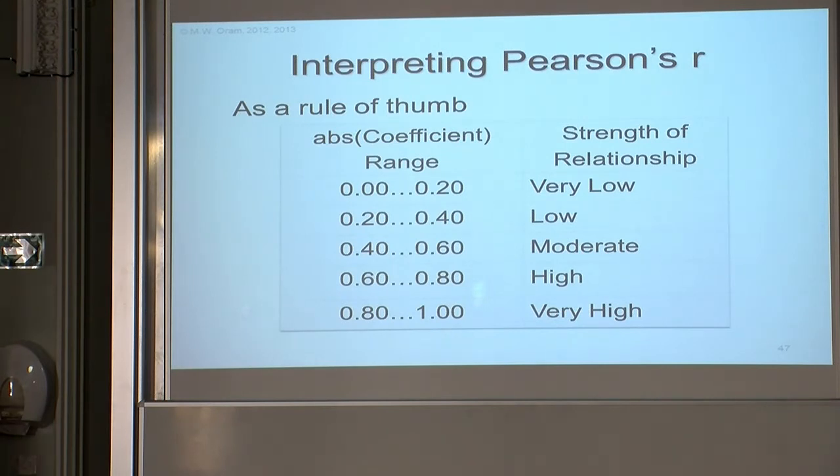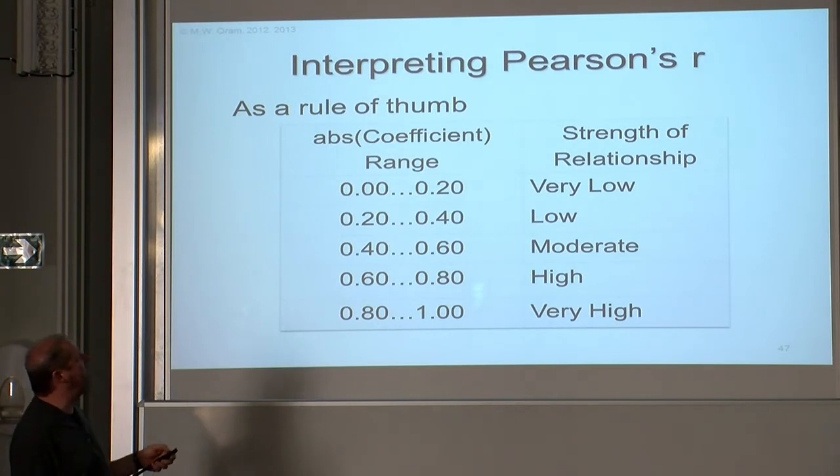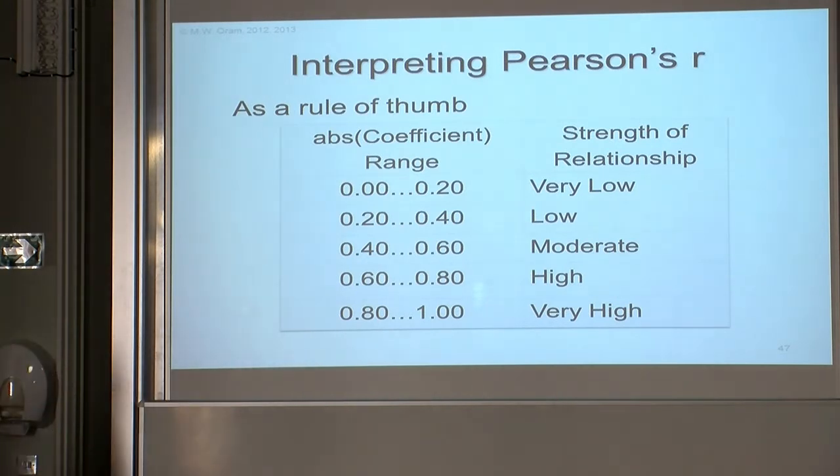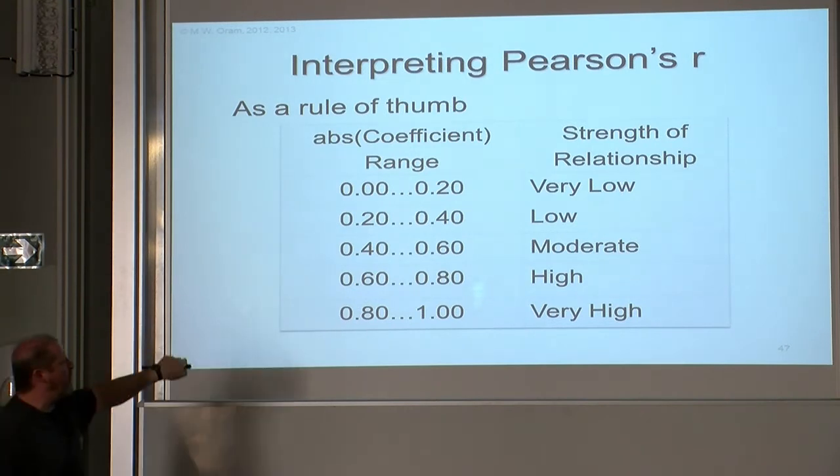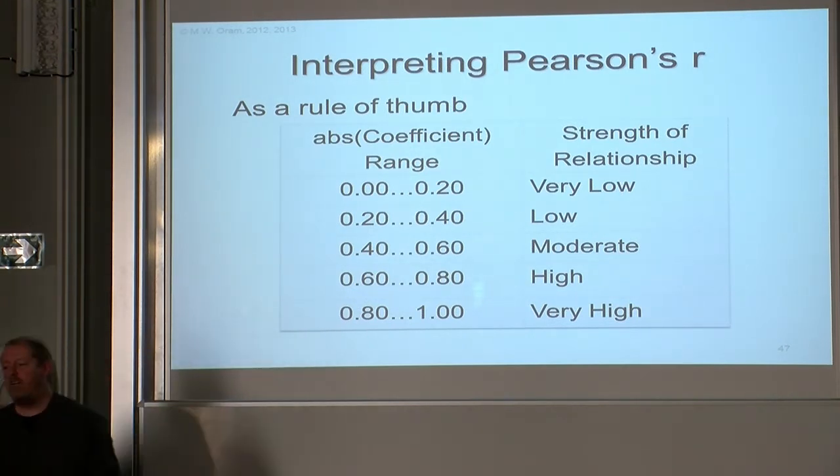Okay, as a rule of thumb, and as a rule of thumb it is of course instantly violated, if you want to describe the strengths of correlations, of the relationships, this is one of the many tables that you will find saying how to deal with it, with values up to 0.2 being very low and above 0.8 being very high.